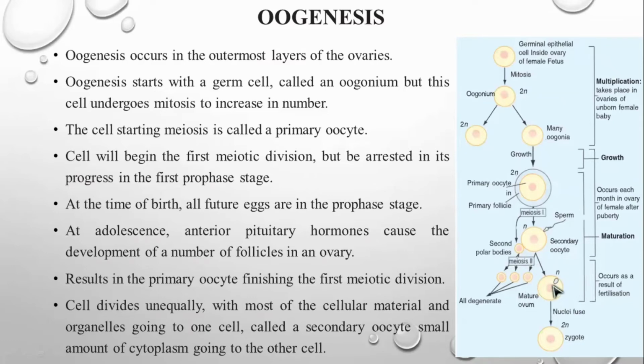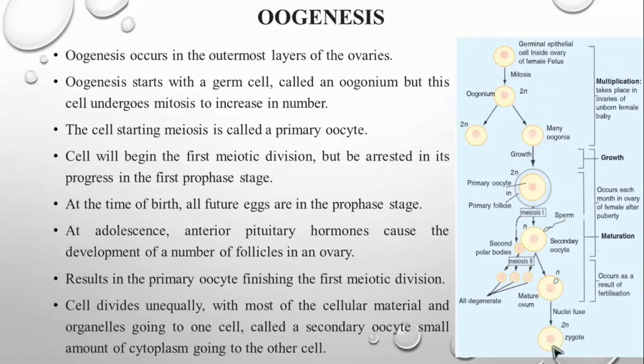After that, the two nuclei, one in the head of the sperm and one in the nucleus of the ovum, fuse and mix. Until here it is a haploid ovum and a haploid sperm, and when they fuse together they become a diploid zygote. In future, this zygote is going to develop into a fetus.